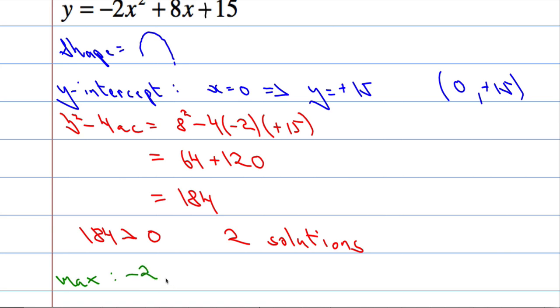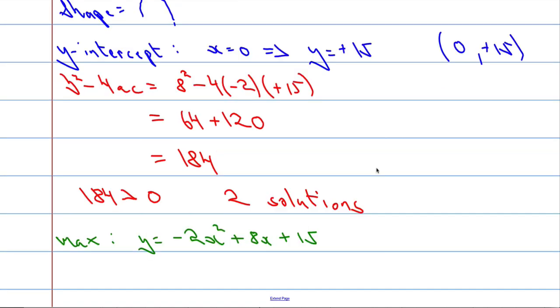We had y equals negative 2x squared plus 8x plus 15. So y equals negative 2. I'm factoring out negative 2, so I want x squared.